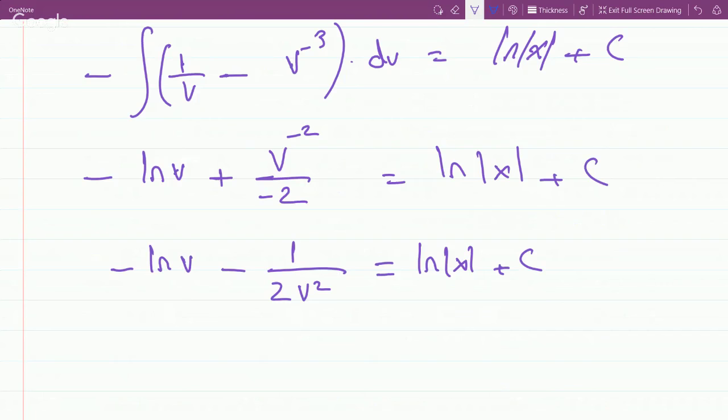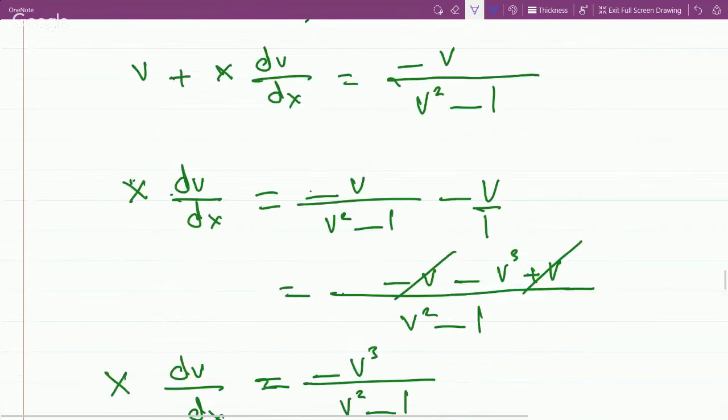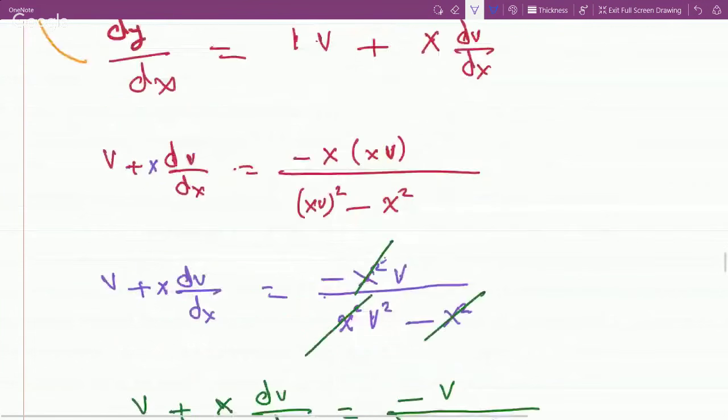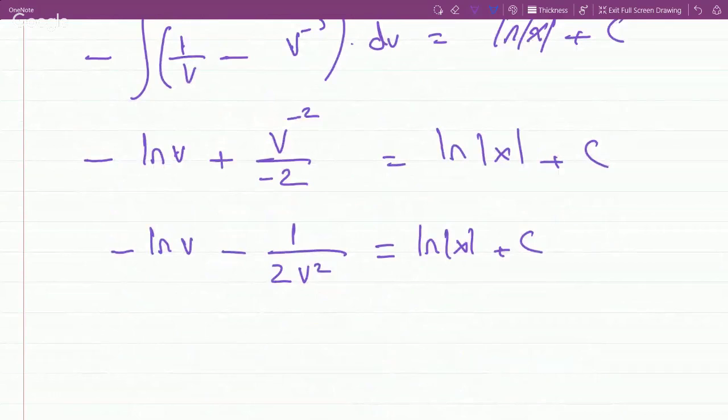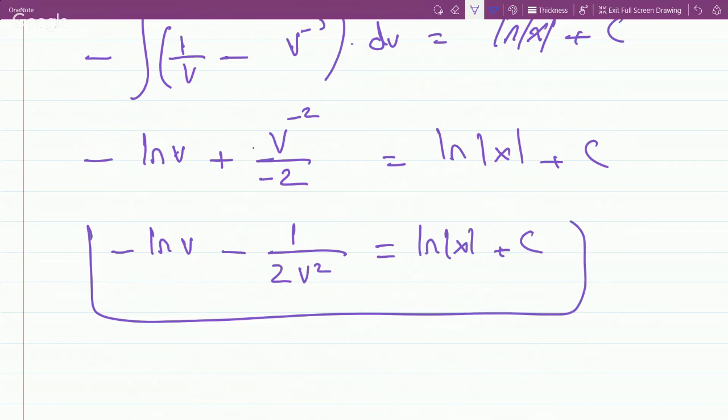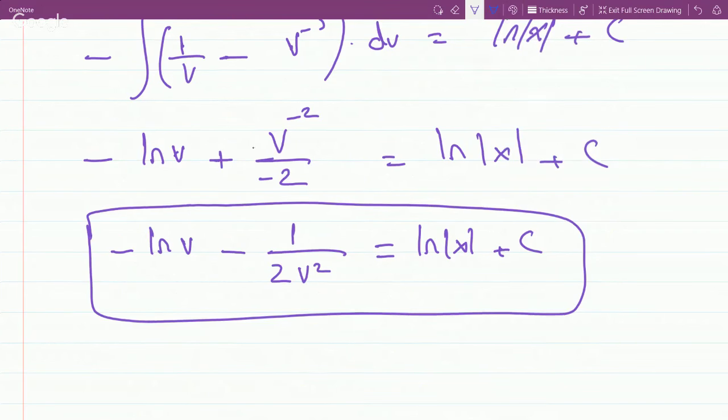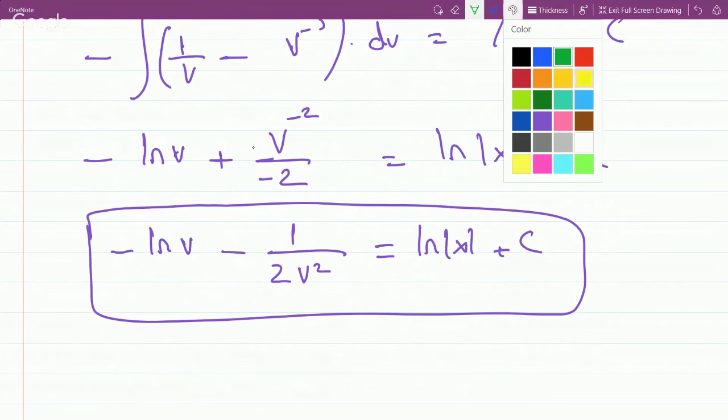What's our substitution? y equals xv. So now we could plug y equals xv back into this. Technically, this could be an acceptable answer for the first one, we just need to modify it.